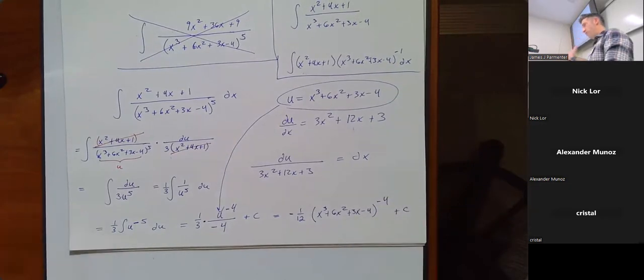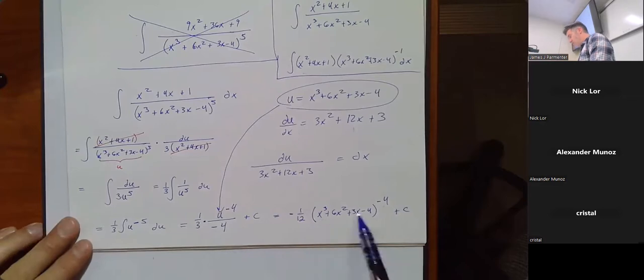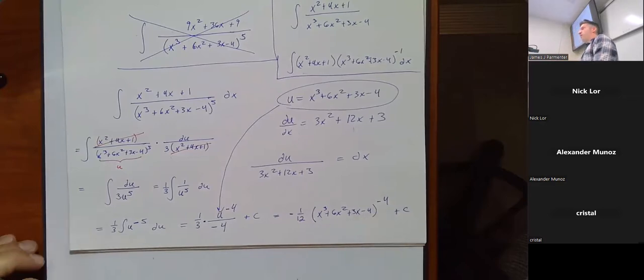So I'm a fan of multiplying my constants together to make it simpler. I don't really want to write 1/3 times all this stuff to the negative 4th over negative 4. I would prefer to write 1/3 times negative 1/4 is negative 1/12. You could also bring this back down to the denominator if you prefer.